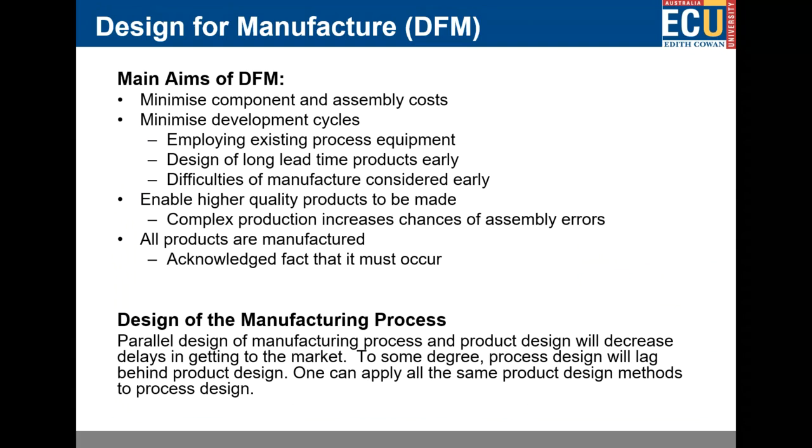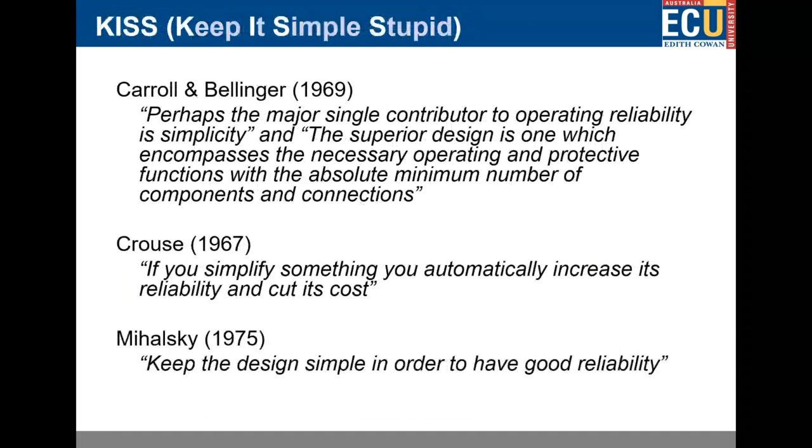An example of bad design for manufacture was the DeLorean that we saw at the start. They were trying to apply lots of different and new and unique manufacturing techniques, which ultimately made the product unsuccessful. So design for manufacture can have lots of benefits, as you can see here.